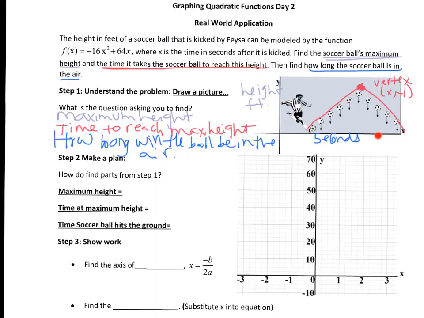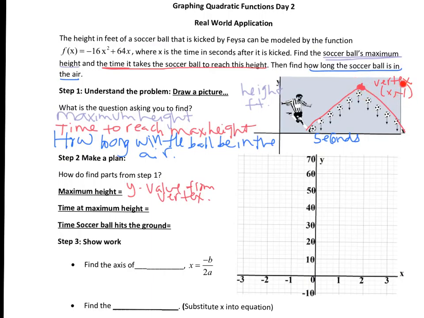So let's go back to step number 2. Let's say that to find the maximum height, you need to find the y value from the vertex. And the time at the maximum height, we just said the maximum height was at the vertex.